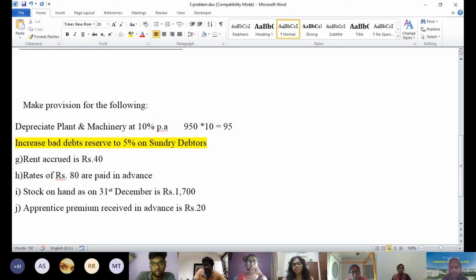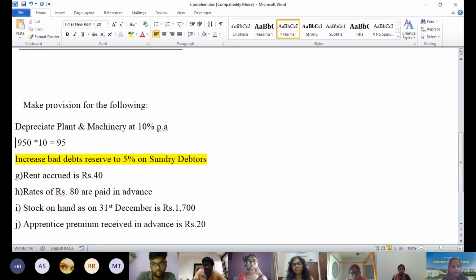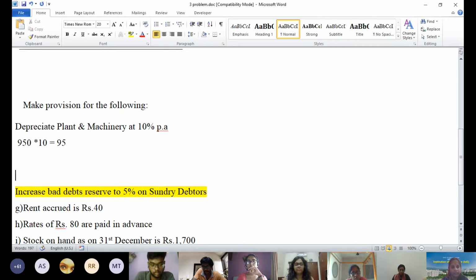Yes, 950 into 10% is 95. Then 950 minus 95 is 855. So this particular aspect will come in your P&L account: 95 rupees will come in your P&L account, which I will show you in a different way.